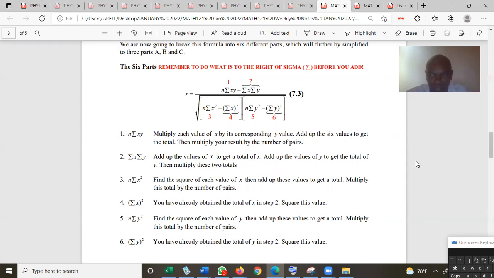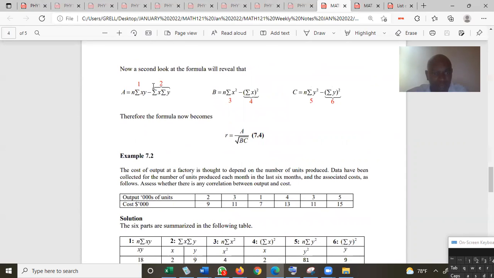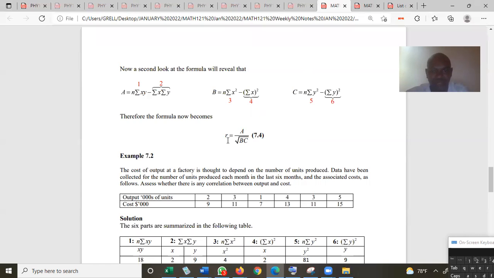It's all explained here in weekly notes number 7. And what else to do? To break these 6 numbers into 3 numbers, A, B, and C, and to calculate what you call R. Pearson developed this formula, and he used the letter R for relationship.